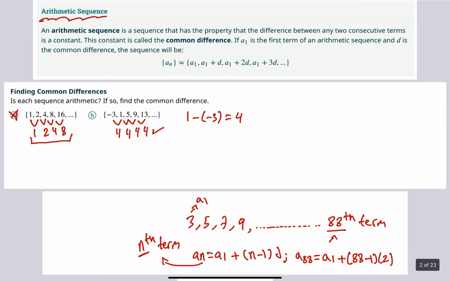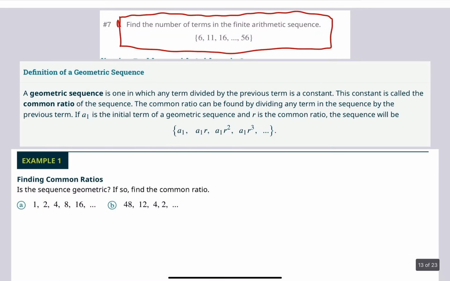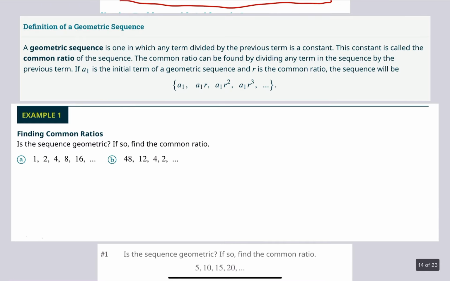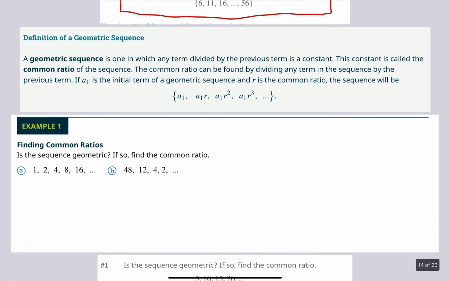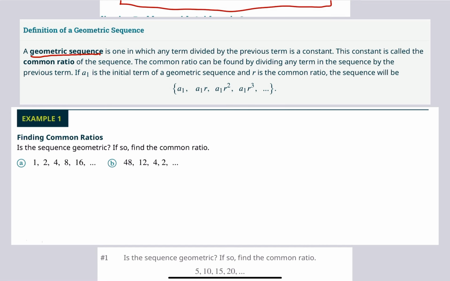It's that simple. Now we can move on to the geometric sequence, which is also very easy. It's actually easier than the arithmetic, maybe? I don't know. With the geometric sequence, we have a common ratio going on. So let me tell you.